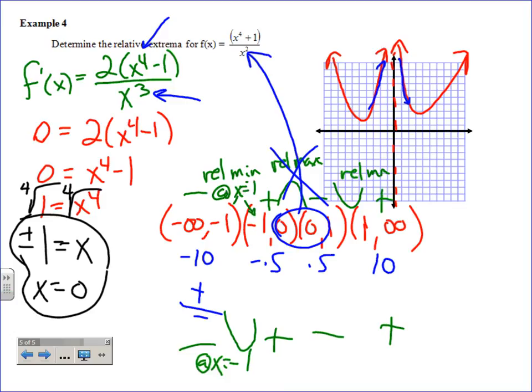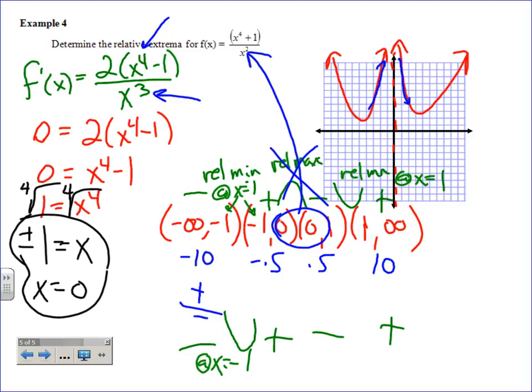Right there. Well, that's where it could change direction. That was one of your critical values. That's where it could actually change. And this is at x equals 1. 0 was a possible place for it to change, but it's not actually there because it's an asymptote. And so it is not a relative max at x equals 0. It's an asymptote. Once it's an asymptote, it's done. It's nothing else.